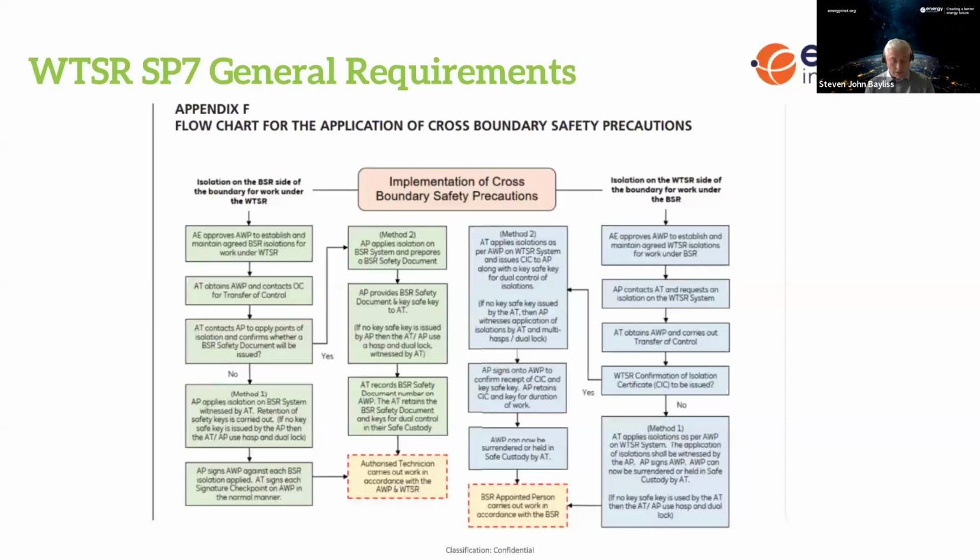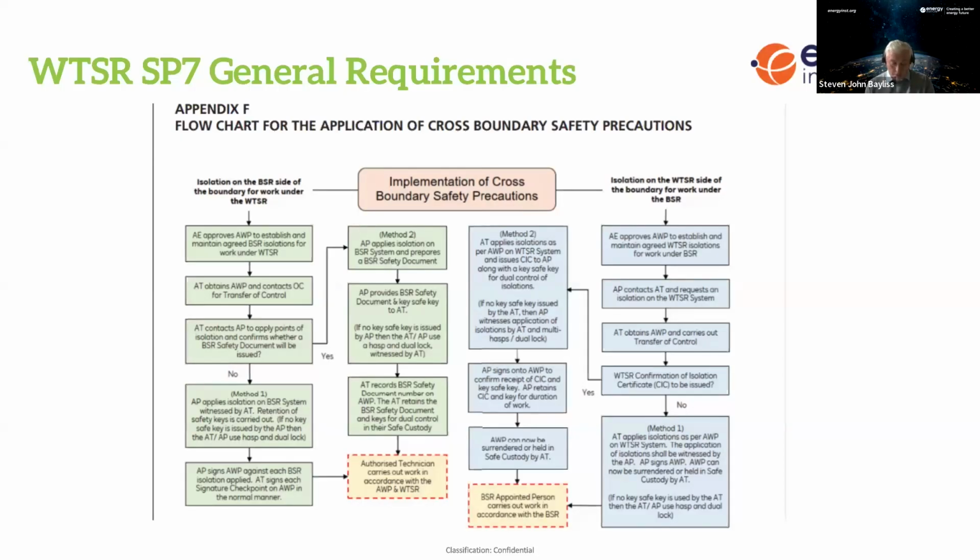The AT contacts the AP to apply points of isolation and confirms whether a boundary safety rules safety document will be issued. At this point, there are two methods that we're looking at. Method 1 is used in terms of whether a boundary safety rules document is to be issued or not.